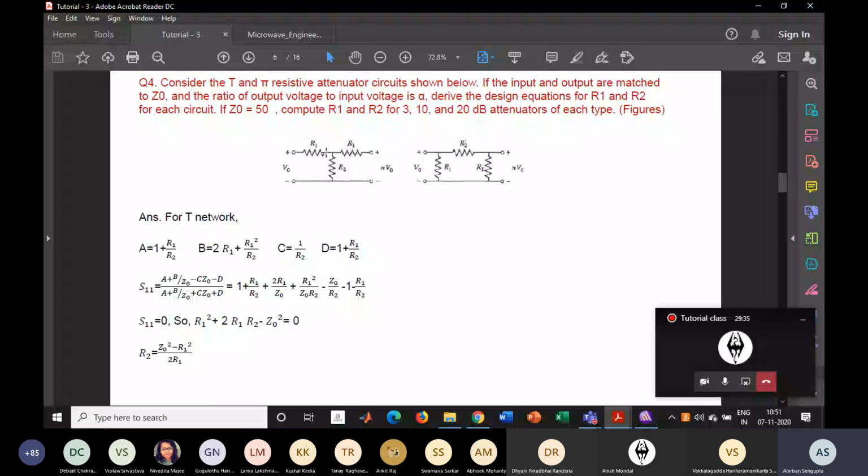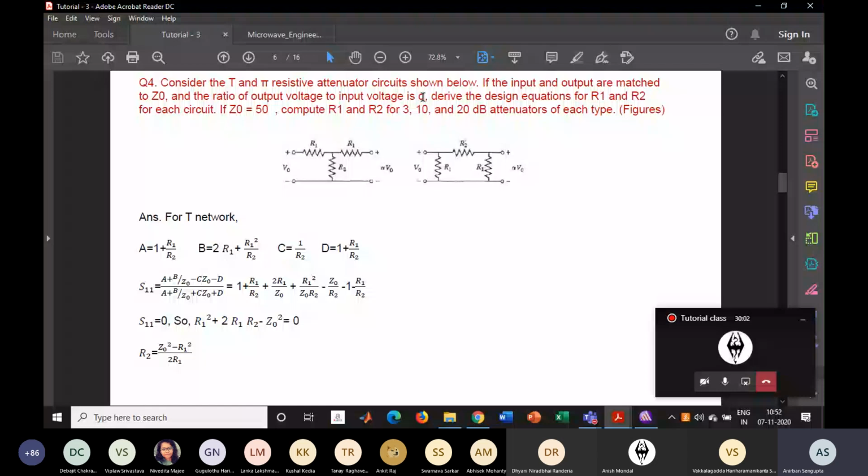Now this is a very rigorous question. You have to calculate many formulas here. For attenuation, you have to find out the scattering parameters, as attenuation means port 2 will be attenuated. That means S21 will be 3 dB, 10 dB, or 20 dB.